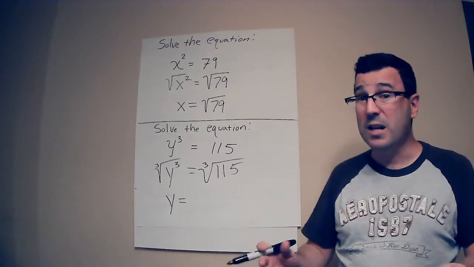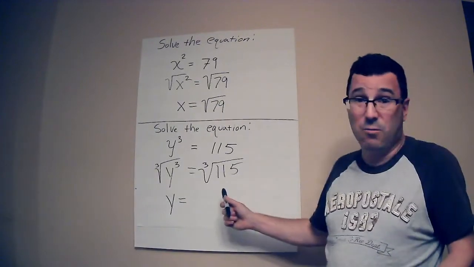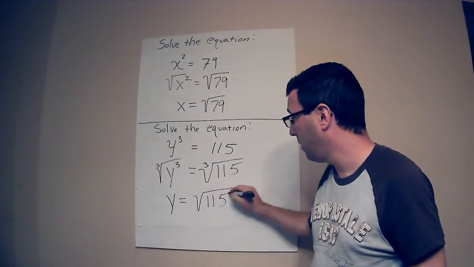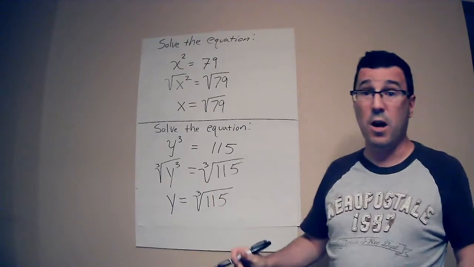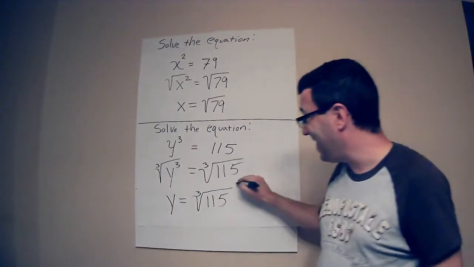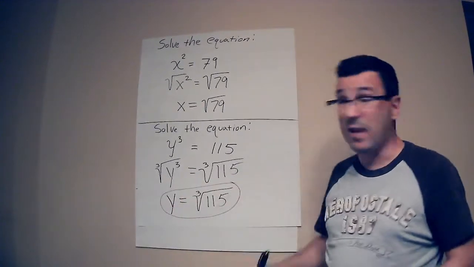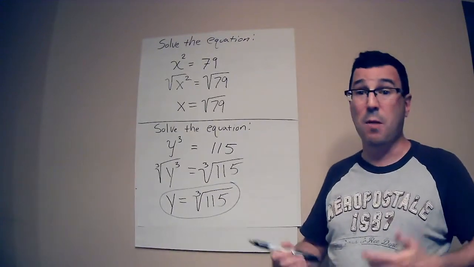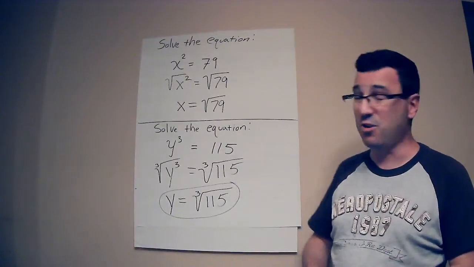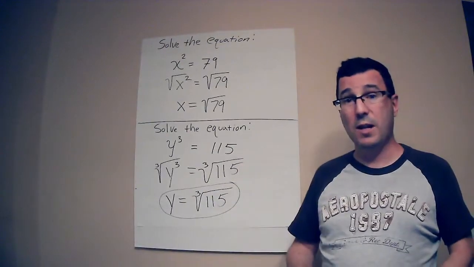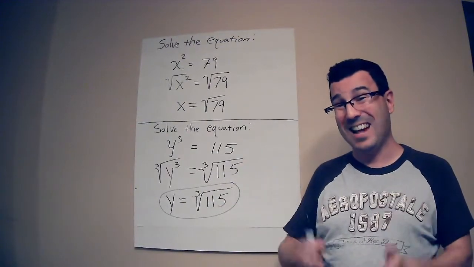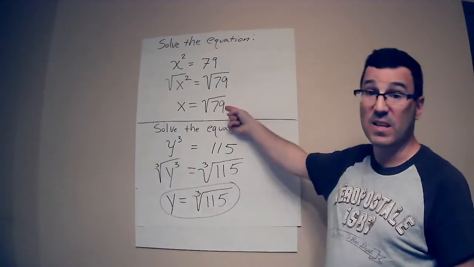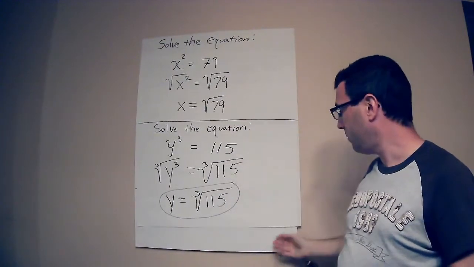So the only thing I can do is rewrite the cube root of 115. And that's my answer. I can't do anything else. I could try going to my calculator, but I'm only going to get a decimal approximation. And usually when we're solving an equation, we want an exact answer. This is the exact answer.